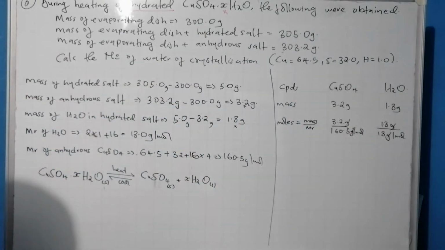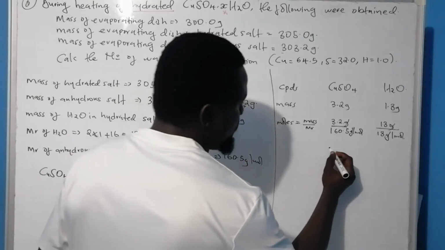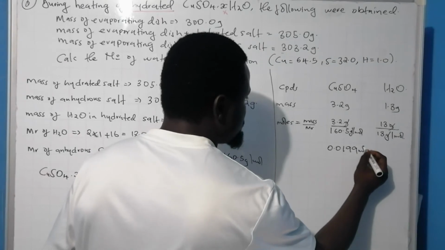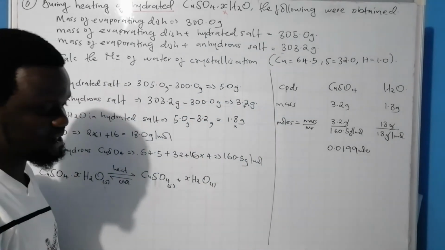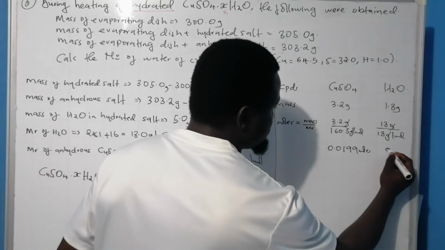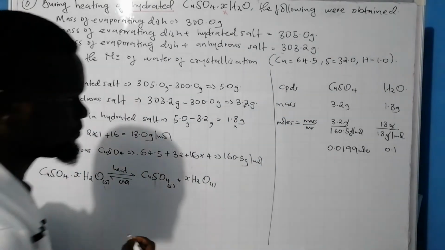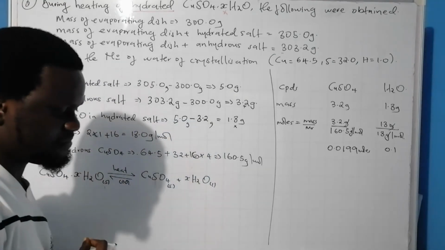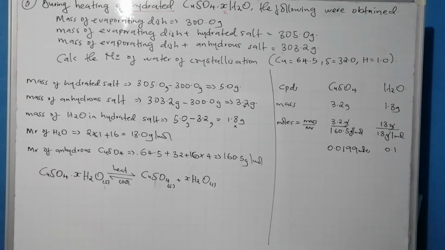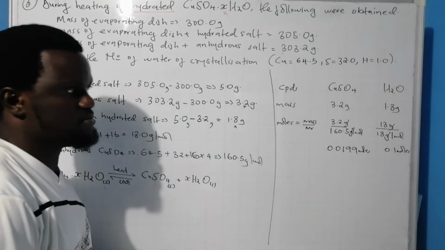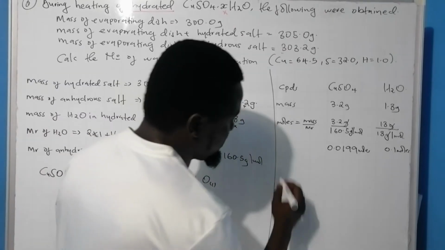So when I punch for copper 2 sulfate in the calculator, I will have 0.0199 moles of copper 2 sulfate. And in case of water, I will have 0.1 moles of water, and then I divide by smallest.